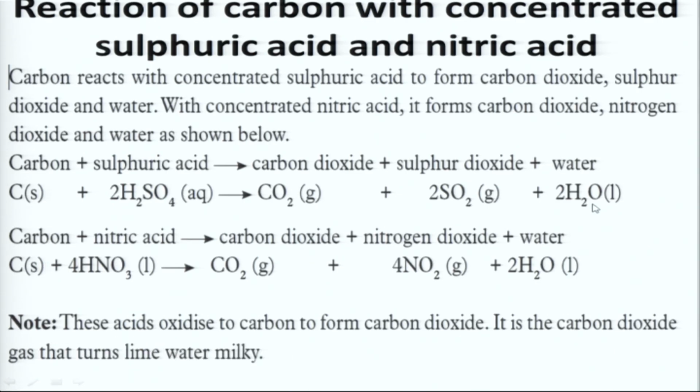But when you react carbon with nitric acid, you get carbon dioxide, nitrogen dioxide, plus water. So these acids oxidize carbon to form carbon dioxide. It is the carbon dioxide gas that turns lime water milky. I talked about that.